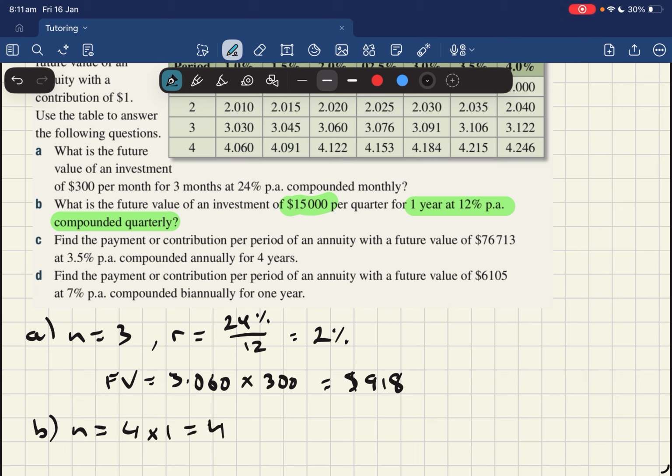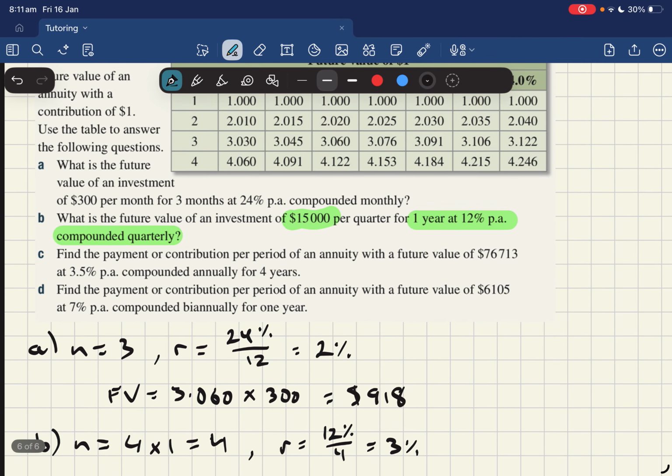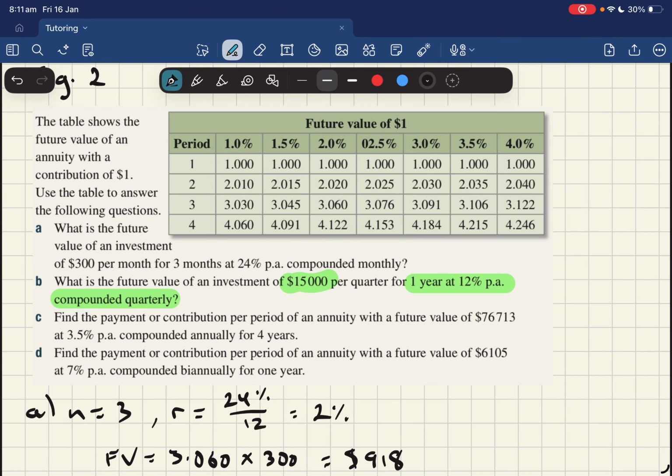And our rate, we have to take 12% per annum and divide it by 4 because it's compounded quarterly. So R equals 12% divided by 4, which gives you 3%. Now, looking at the table, we have N equals 4, R equals 3, period is 4, rate is 3%, so we have 4.184.